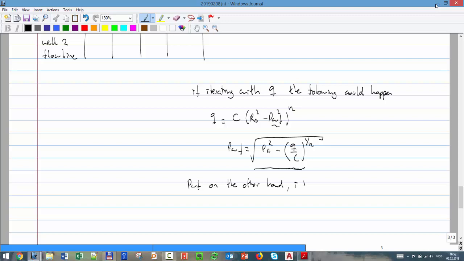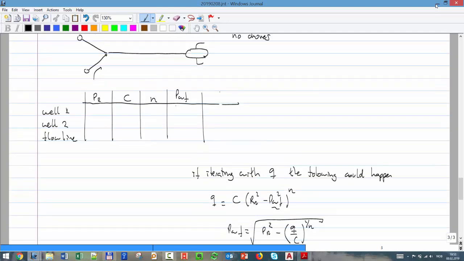I can specify the bounds: PWF, at least in this case, has to be between reservoir pressure and separator pressure. So that's why I suggest you assume that number. Let's put it here in red, that's the value I assume. That's an input.